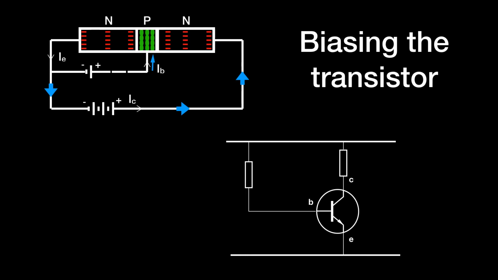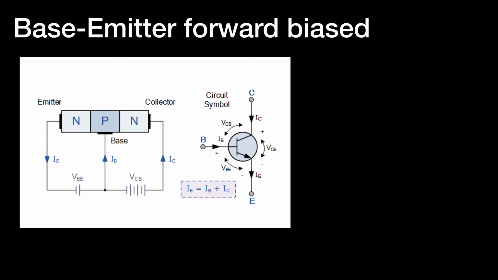Now let's look at some voltages on a transistor and how they're called. Common sense really. Here there is the diagram on the left showing the physical structure of the transistor, and it shows currents going through the emitter, base and collector, labelled IE, IB and IC respectively, and voltages between the base and the emitter, VBE, and voltages between the collector and the base, VCB.